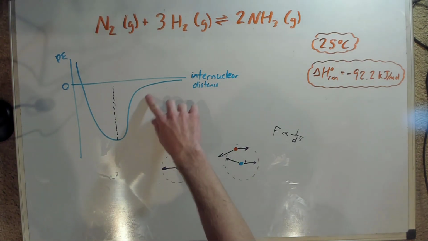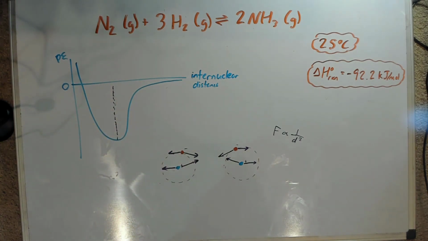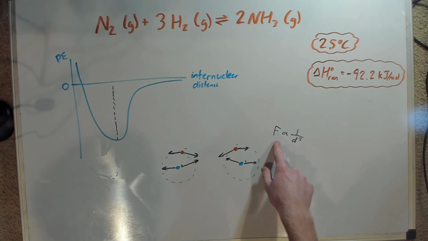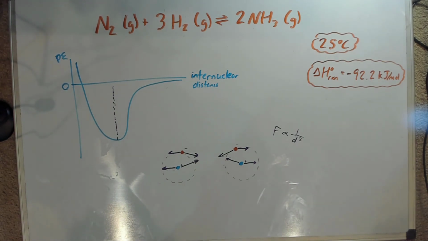Now, this will then asymptote towards 0 because there's a certain distance apart where it's just so far that this force is pretty much 0. So that means the potential energy stored due to the electric force between these two is pretty much 0. So that means that at this low point, that's the least amount of energy that you need to get it there.